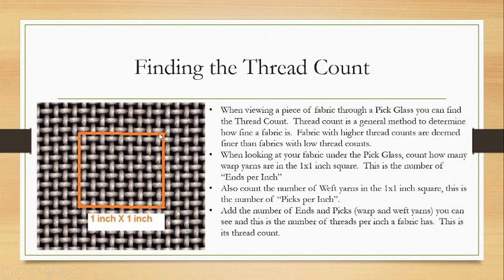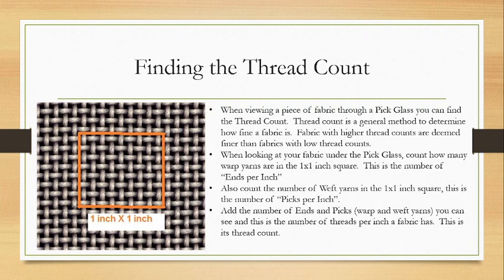When we put our pick glass onto a piece of fabric like this, the base squares off an inch by inch square, represented by this little box right here. We look through the magnifying glass and count how many warp yarns are in the 1 by 1 inch square.